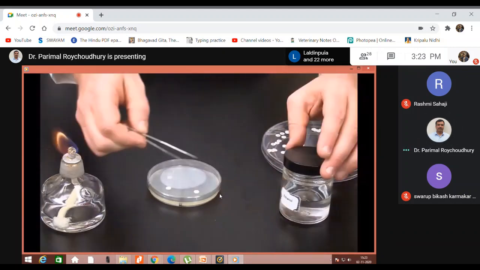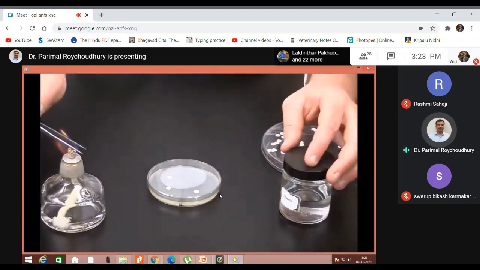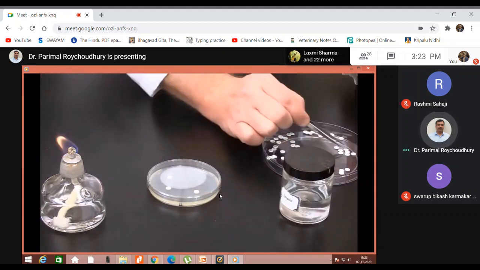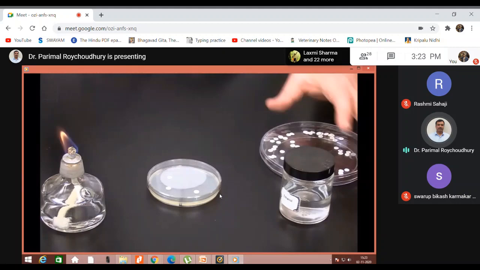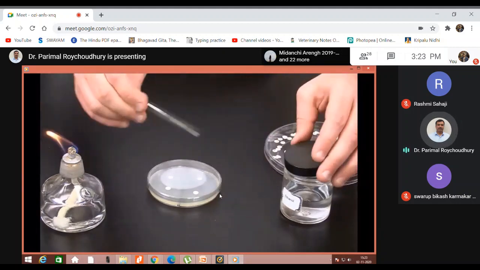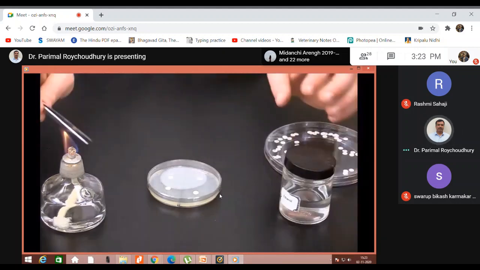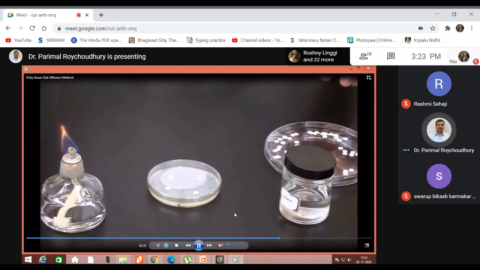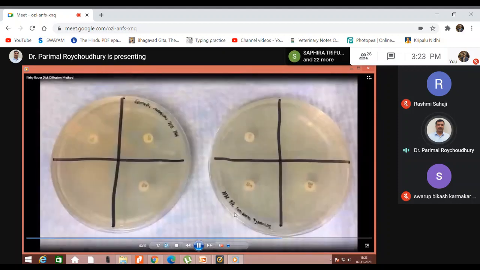Gradually this antibiotic will be diffusing out of the disc. If the bacteria is sensitive to the antibiotic, they cannot grow surrounding this diffused area. But if it is resistant, then the bacteria can grow.